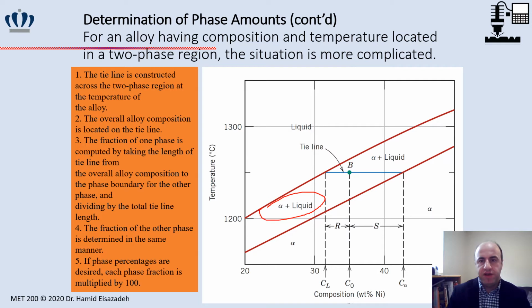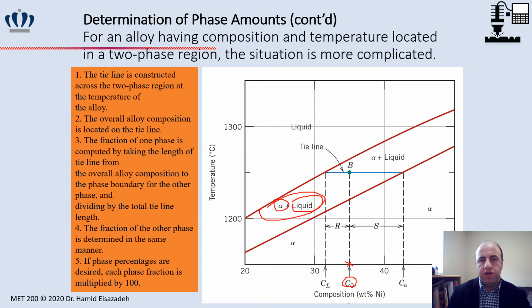And then we have liquid and alpha. So the first way is to construct a tie line. For example, in the question, the composition is given, C0, right?